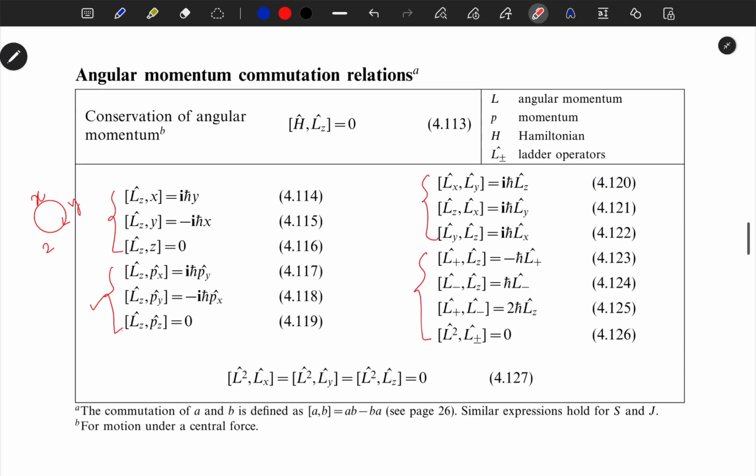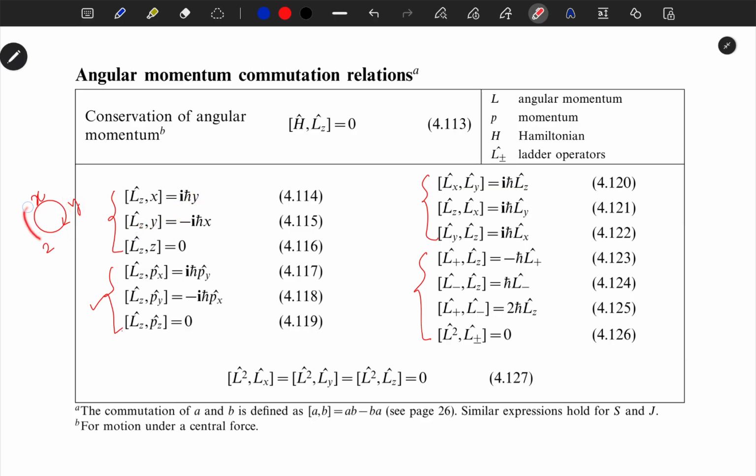Angular momentum commutation relations. The z component of angular momentum commutes with the Hamiltonian, so it is 0. So Lz commutes with, see, if x, y, z, it is like that, so in the clockwise direction we will have a positive sign. So Lz with x, so zx will give y, positive.